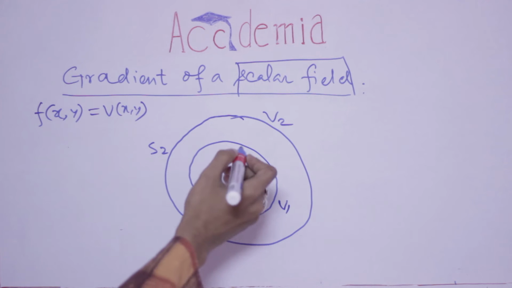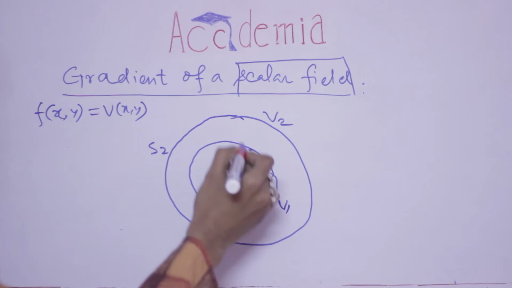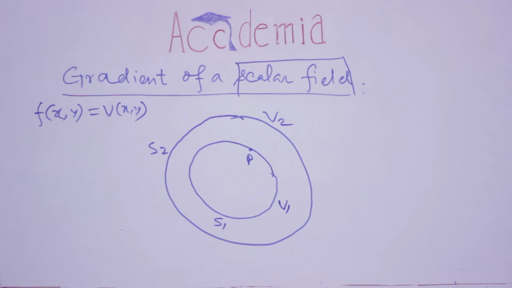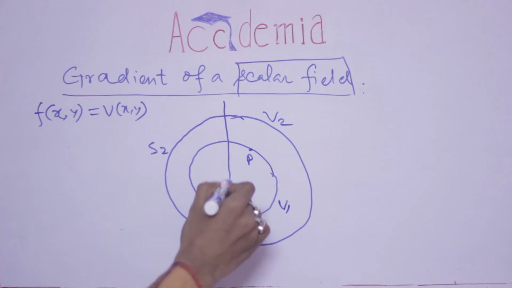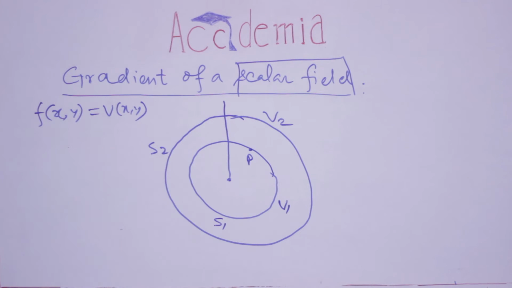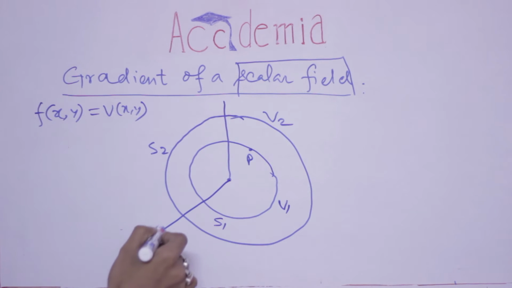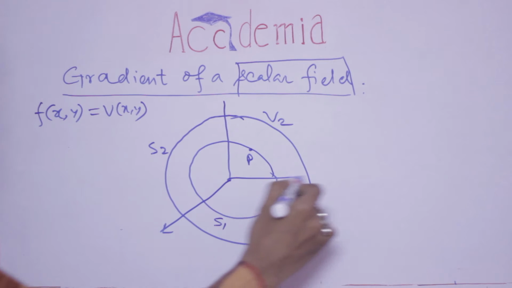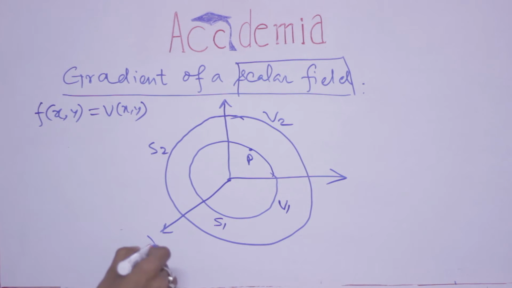Say P is an arbitrary point on the surface S1. The position of P can be uniquely determined by this 3D Cartesian coordinate system whose origin coincides with the center of the spherical surface.